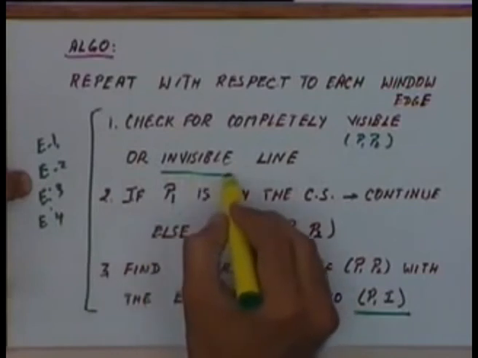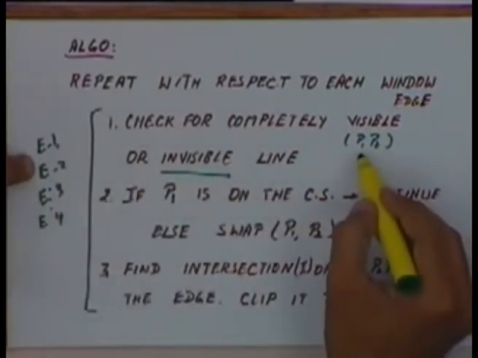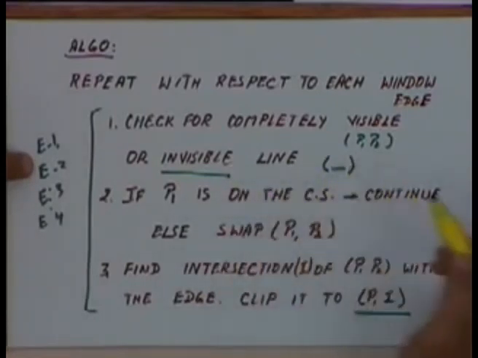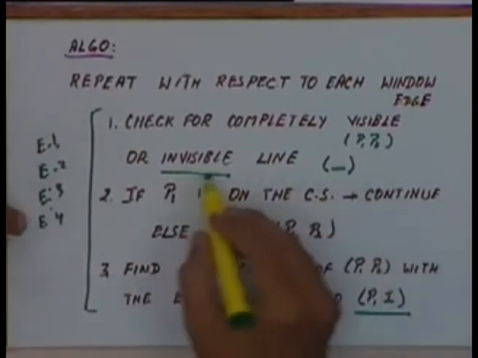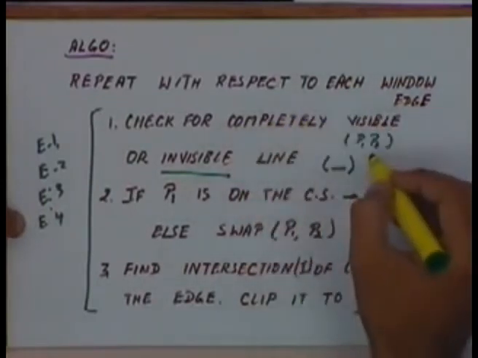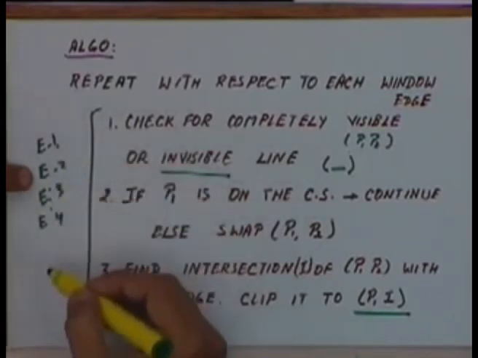If the line is completely invisible, in that case the line to be passed will be a blank line. No clipping will be done after that because the line is totally invisible. So if the line is completely invisible, my clipping algorithm can end here. If the line is completely visible, then this clipped edge has to be passed on to the next clipping edge, and the process will have to be repeated for each of the edges.